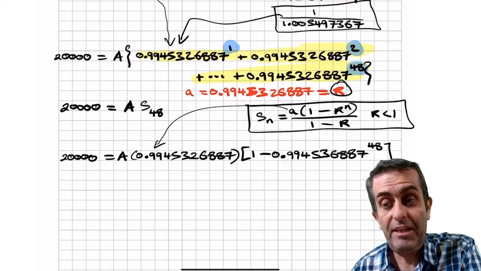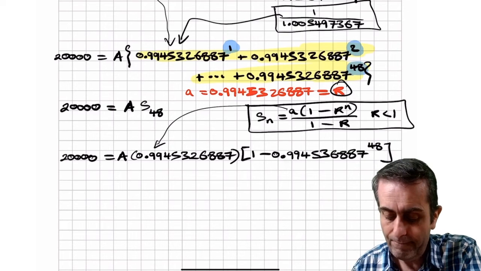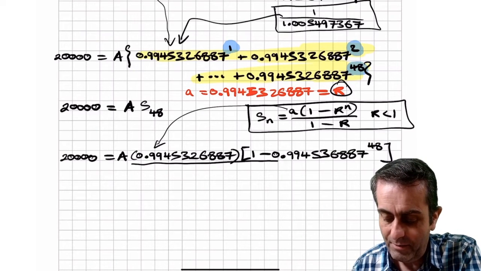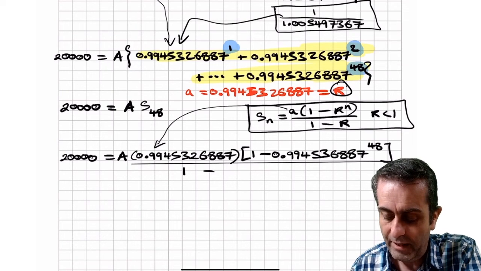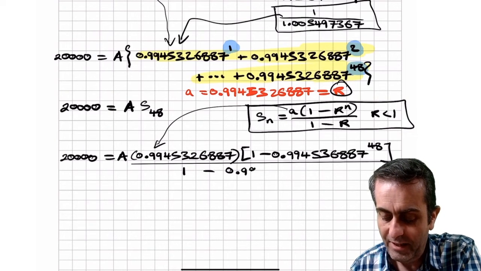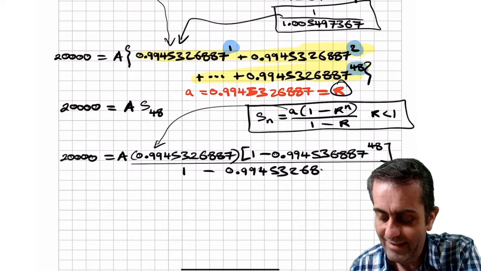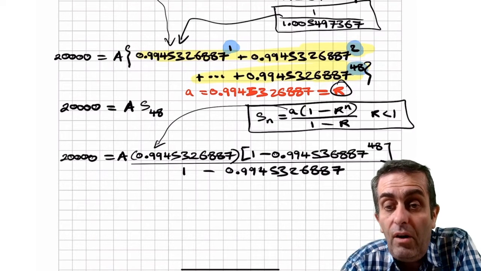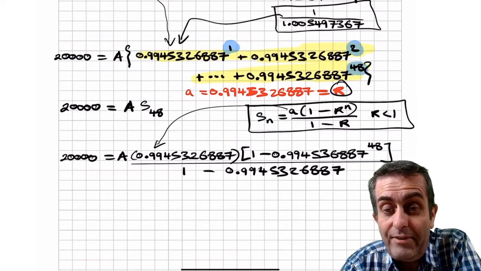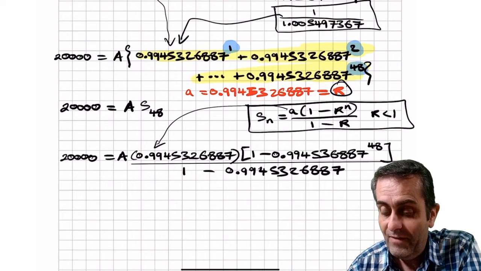Now that's because there are 48 terms in the series, okay? And then that all has to be divided by 1 minus r. So 1 minus, here we go again, 0.99453268887. Okay? So all we've done there is we put in our value of capital R and our value of small a into the series.